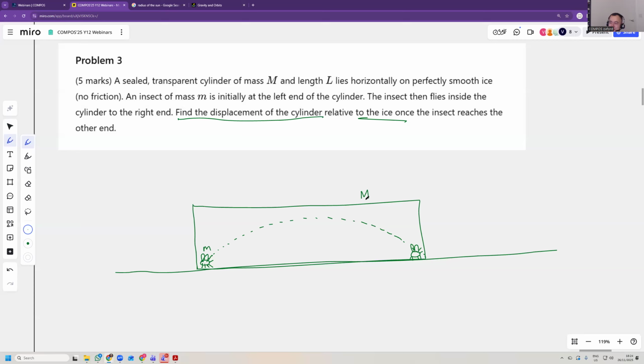Center of mass changes. Well, yes, the center of mass changes relative to the container, certainly. Angular momentum. I'm not sure what you mean by that.